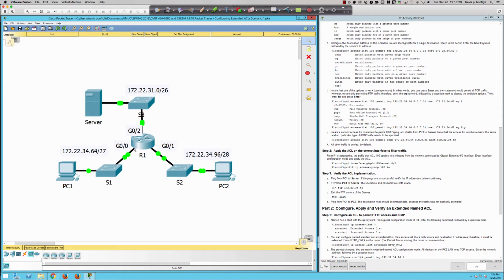Or you're going to have a standard ACL and it's not going to get placed as close to the destination as possible for whatever reason, right? It all depends on use case, but typically the best practice is to get the standard ACL as close to the destination as possible and the extended ACL as close to the source as possible.